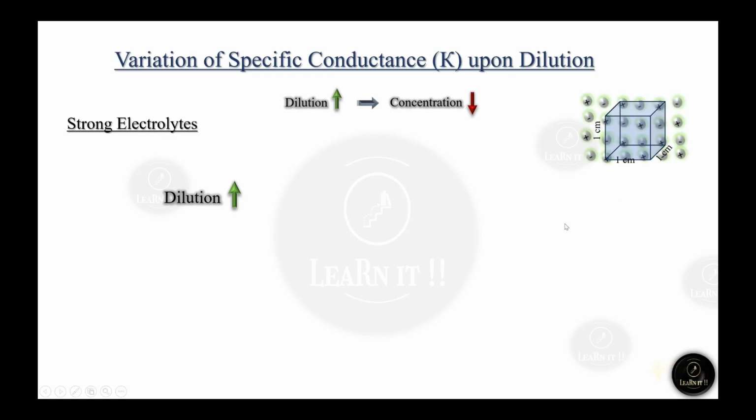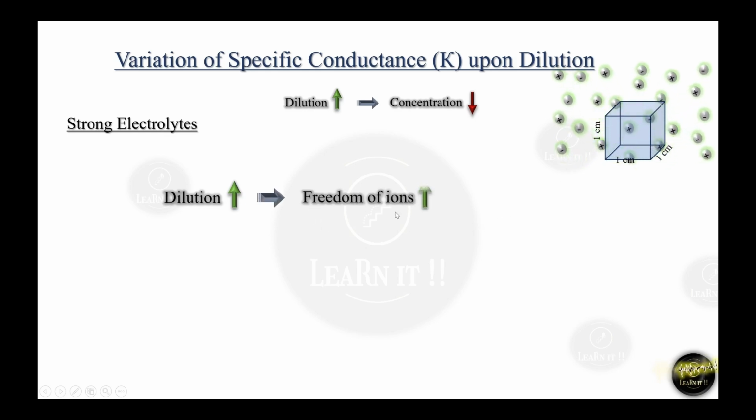If we increase the dilution, the freedom of ions increases, but the number of ions present in 1 cc decreases. That's why specific conductance decreases.